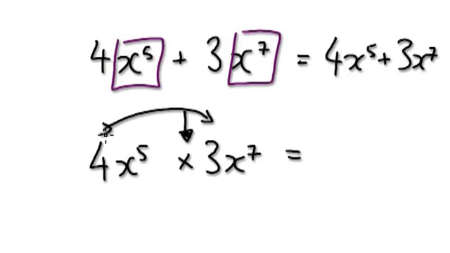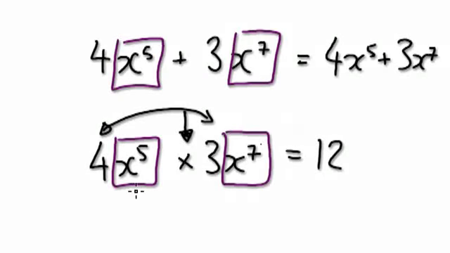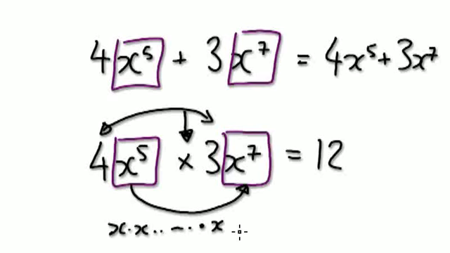So here 4 times 3 is 12, and then you've got x to the power of 5, which is 5 lots of the x's all multiplied together, and then you've got to multiply with 7 more x's. Well, altogether you will have 12x to the power of 12.